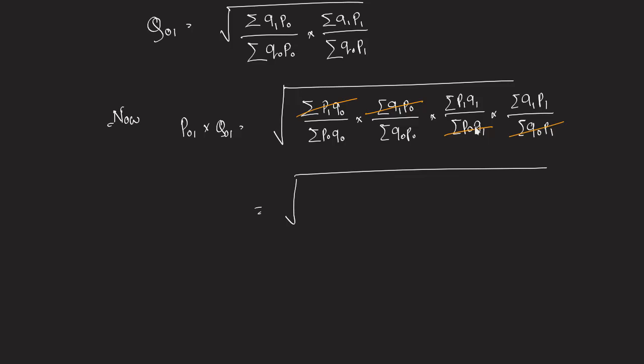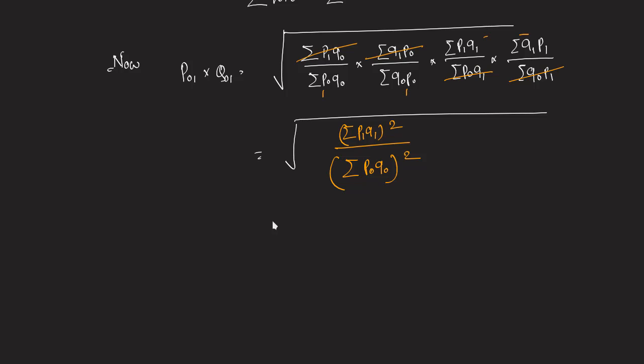These two are the same, P0 Q0, so that can be written as summation P0 Q0 whole square, and these two are the same, so that can be written as summation P1 Q1 whole square. The root and square cancel out and we get summation P1 Q1 by summation P0 Q0, which is equal to V01. So we get P01 into Q01 equal to V01.